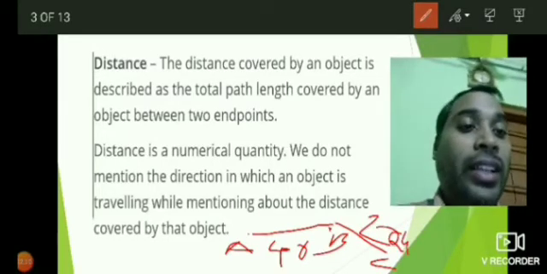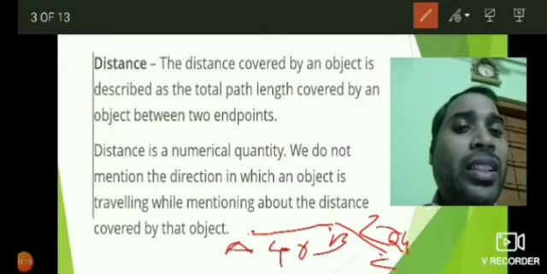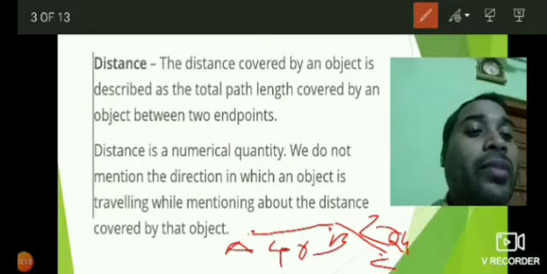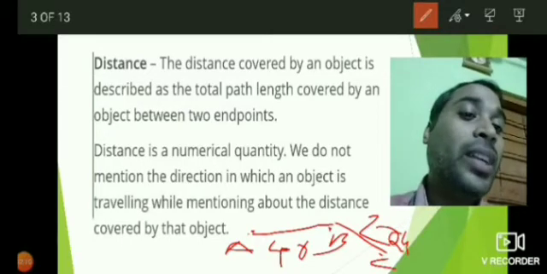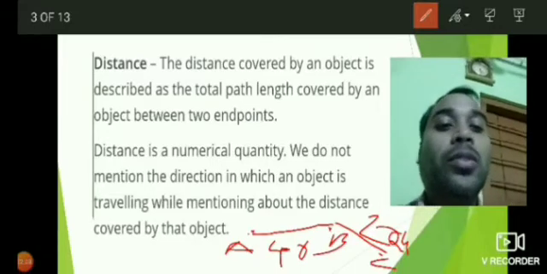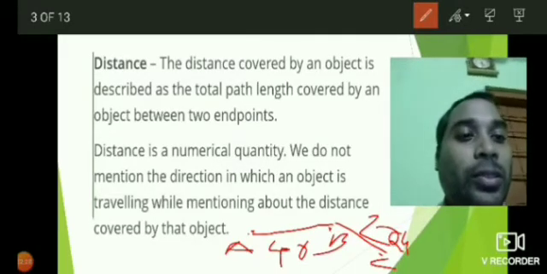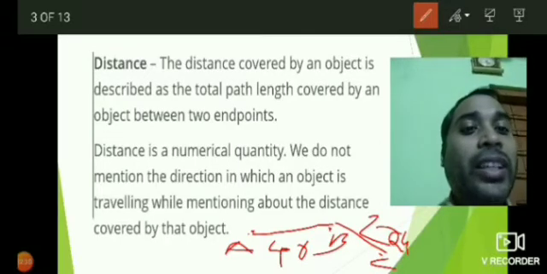So here the end points are A and C. In order to find the distance, what we have to consider? We have to consider the total path length. Here from A to B it is 40, and from B to C it is 20. So total distance covered will be 60 kilometers. This is how you can calculate distance.